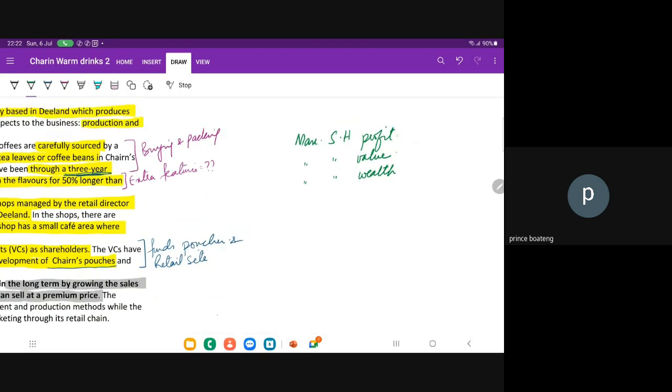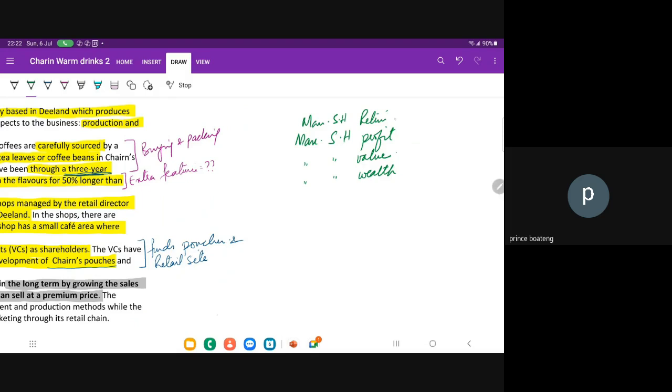Profit or return. Or let's write it here, to maximize shareholder return. So generally the examiner writes these 3 or 4 sorts of things in the question, that the company wants to maximize shareholder, whatever they want.